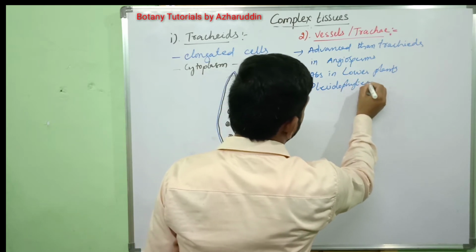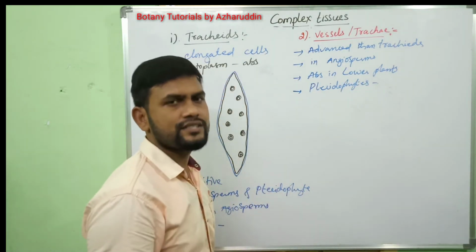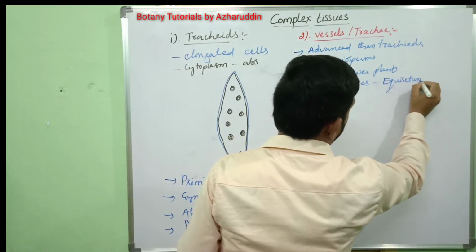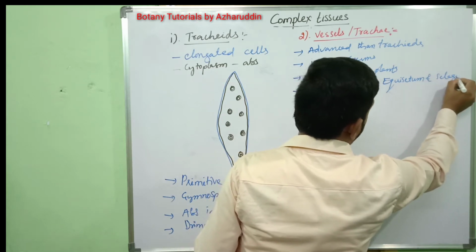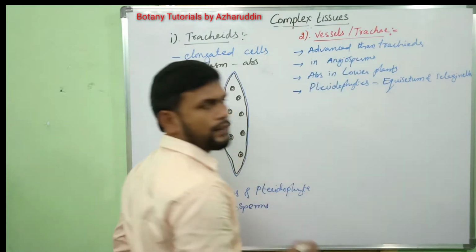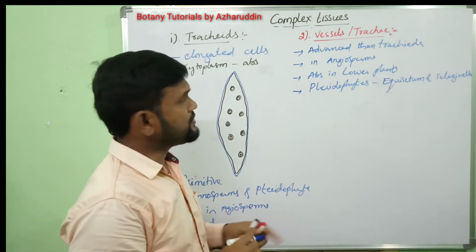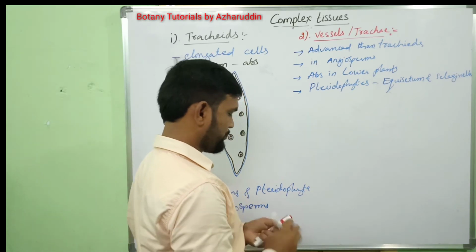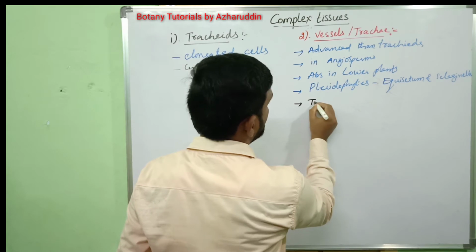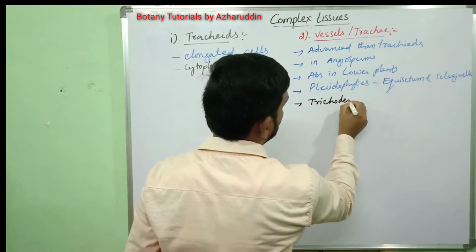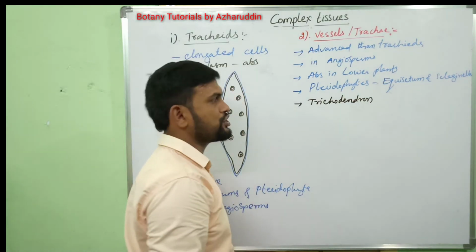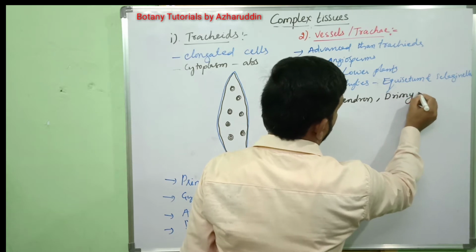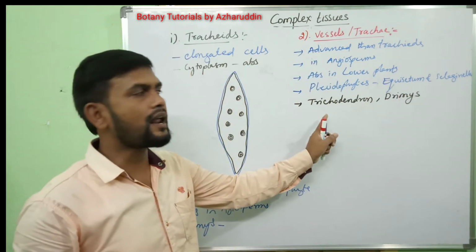Examples are Equisetum and Selaginella. These vessels are absent in some angiosperms like Trochodendron, and one more angiosperm, that is Drimys. In Drimys and Trochodendron, vessels are absent.